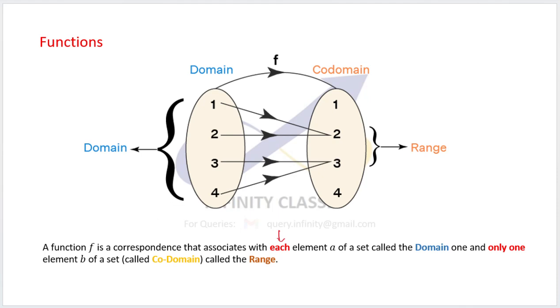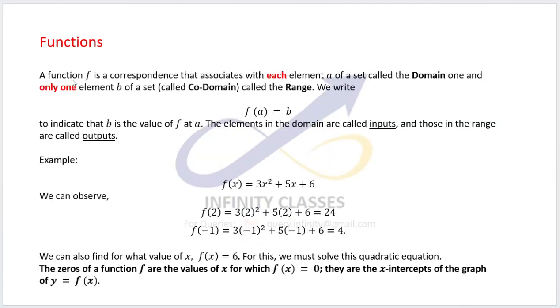Let's move forward. So the formal definition of a function: a function f is a correspondence that associates with each element of A, the set called the domain, one and only one element of the codomain, called the range.